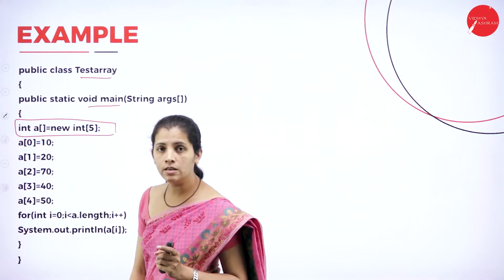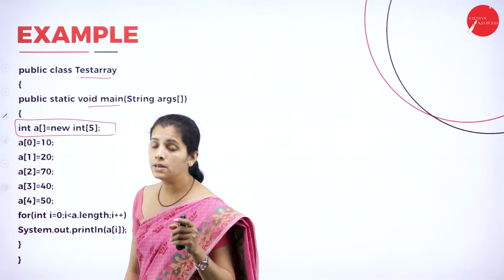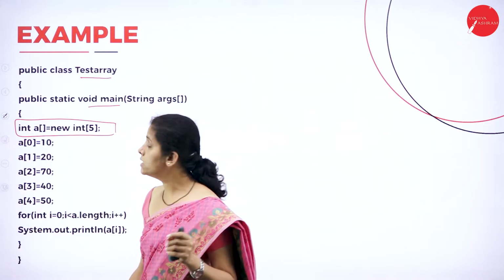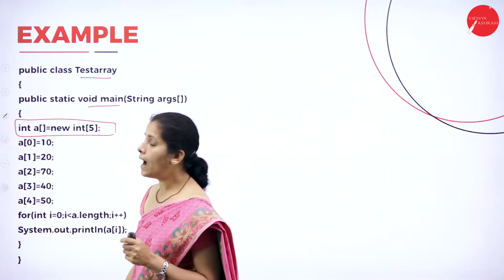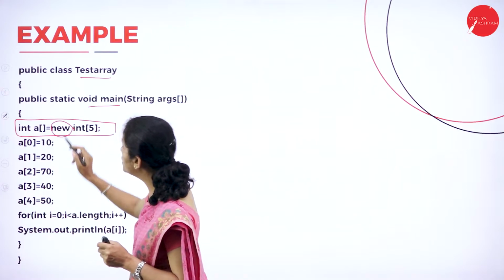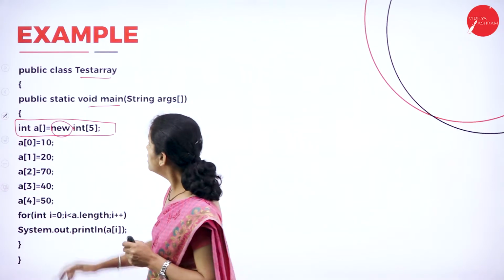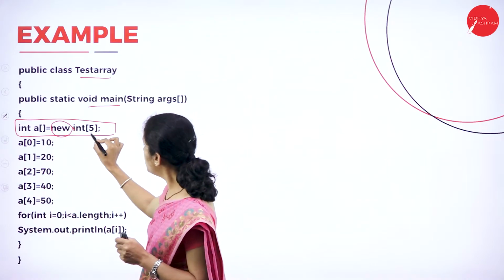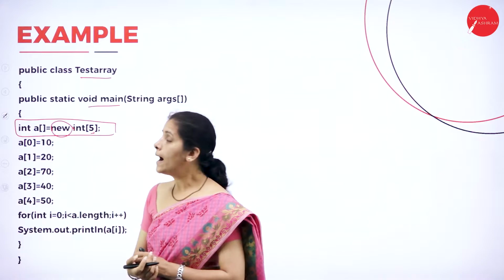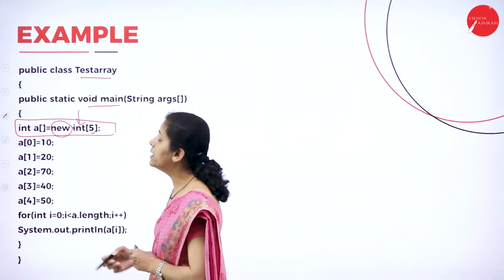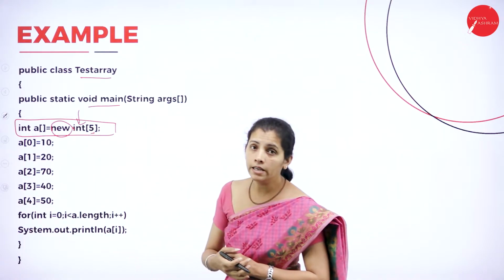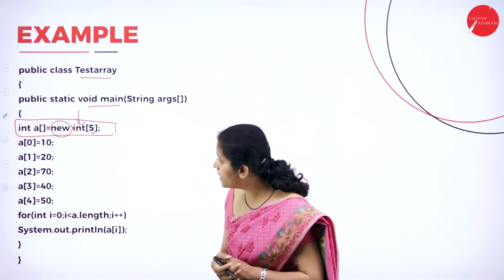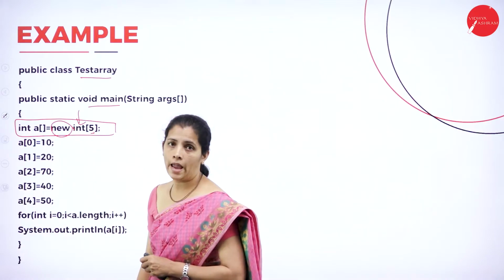See the difference here: in C or C++, the way we create an array is different, and here it is different. With the help of the new operator, I'm going to allocate memory. So here, what is the size? It is 5. And what is the data type? It is integer, and an integer holds 2 bytes. That is 2 into 5, so a total of 10 bytes is reserved for this A.